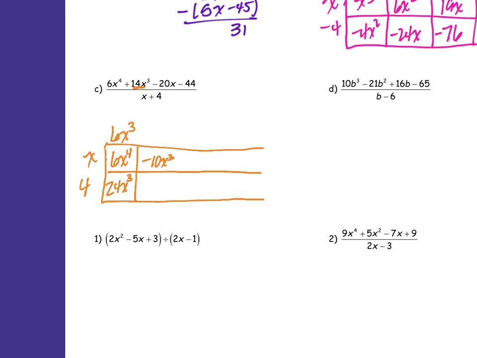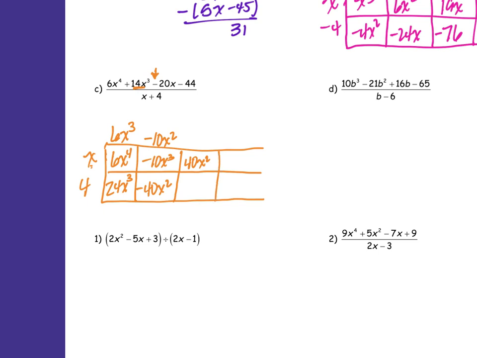What do I multiply x by to get negative 10x cubed? It would be negative 10x squared. And 4 times negative 10x squared is negative 40x squared. Notice there is no x squared, so what do I add to negative 40x squared to get 0? That would be 40x squared.